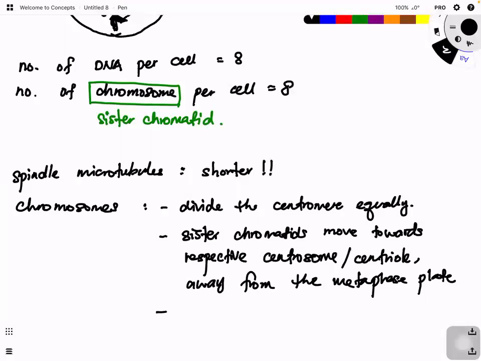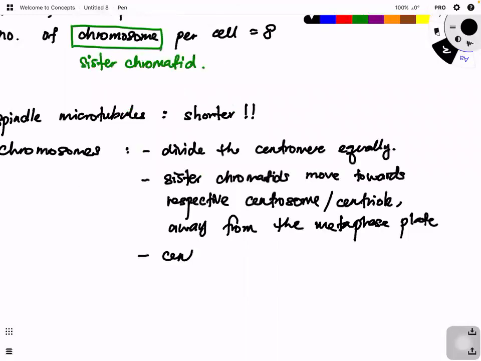Very important to state this: the centromere moves first, because they attach to the spindle microtubule. When the spindle microtubule becomes shorter, you actually pull. Try to imagine it's something like this.